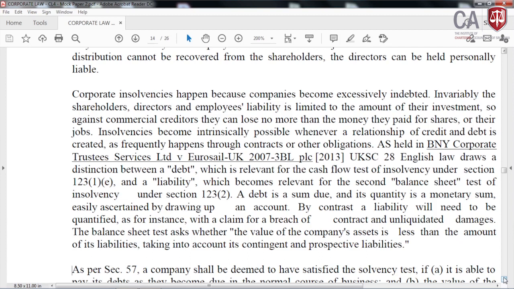So, the balance sheet test asks whether the value of the company's assets is less than the amount of its liabilities, which is a very important question, taking into account its contingent and prospective liabilities.